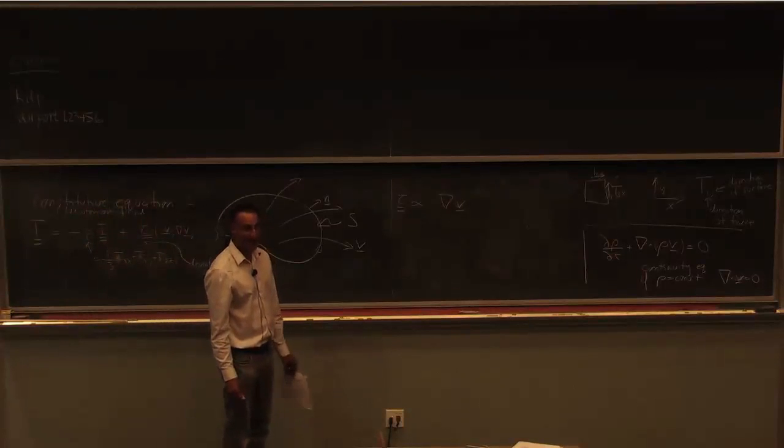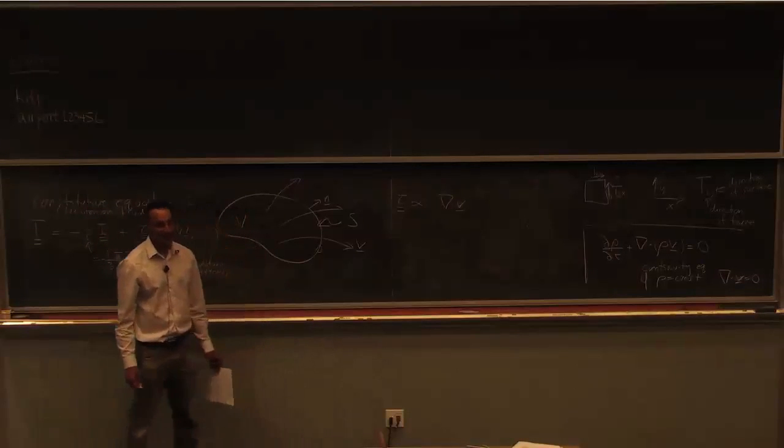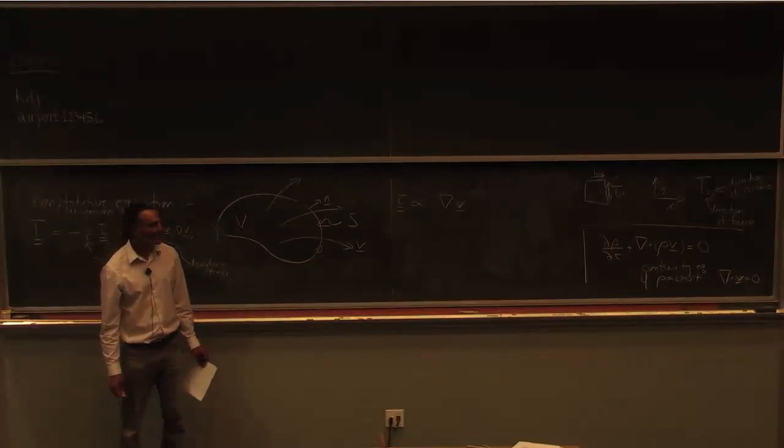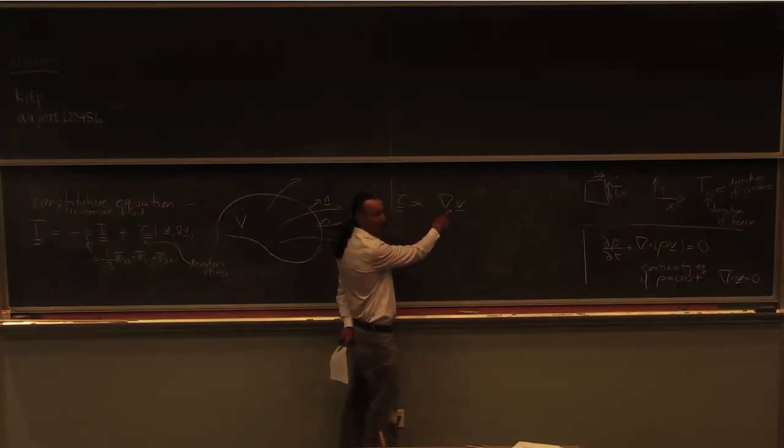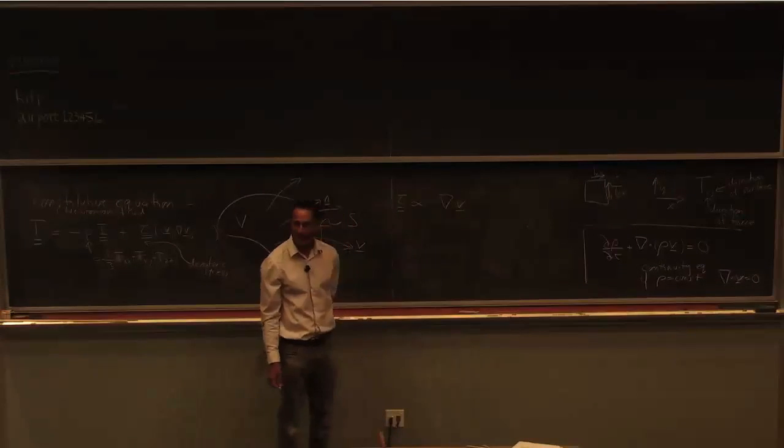It is a hypothesis, though, or a model, I should say, that this is what gives rise to stresses. Is this symmetric or not? Tau has to be symmetric. Does the gradient of any vector have to be symmetric? There's no reason why it needs to be symmetric, right?